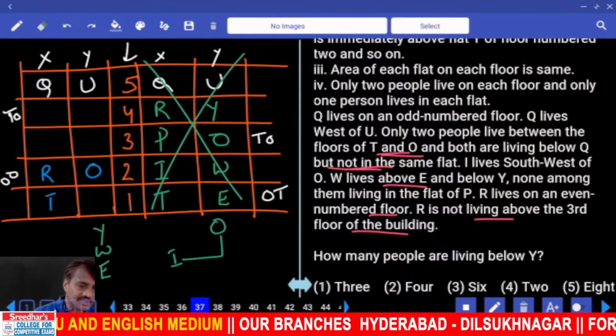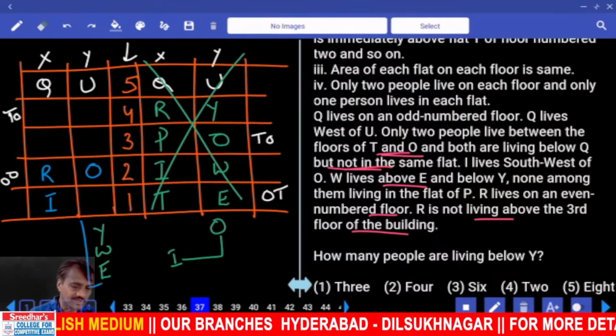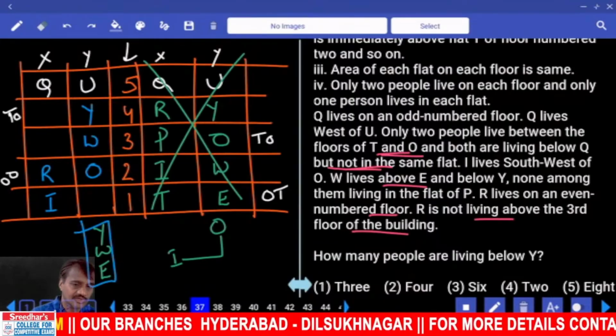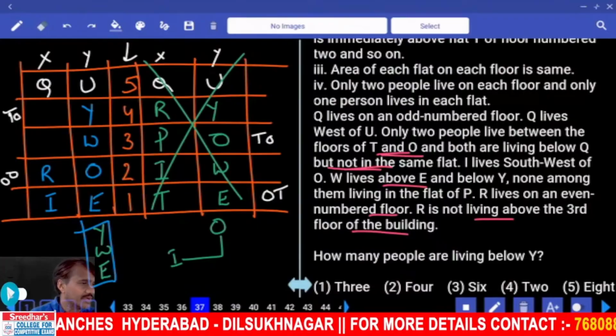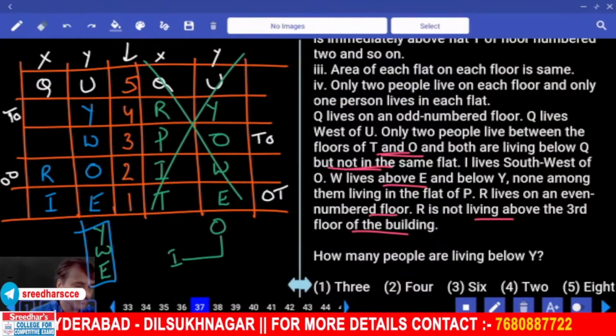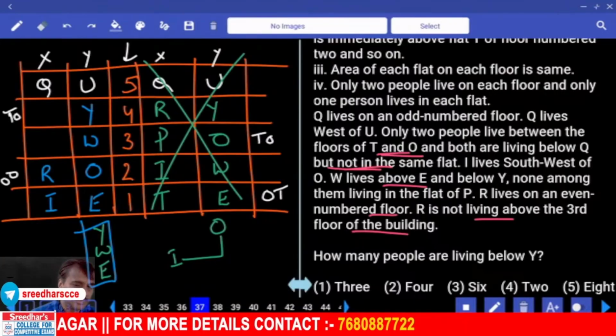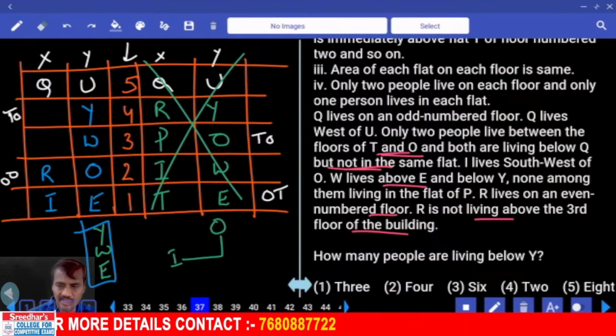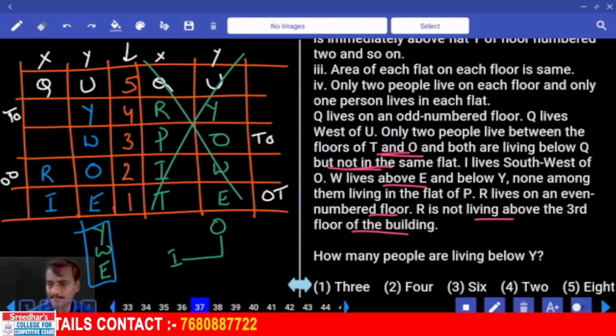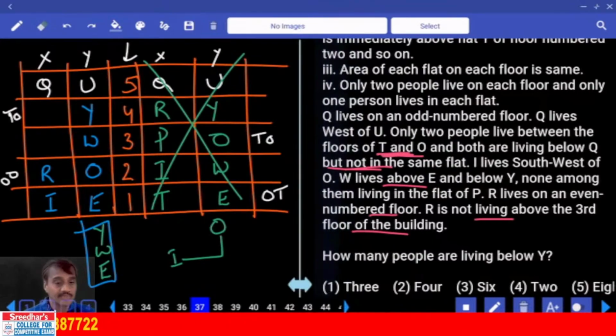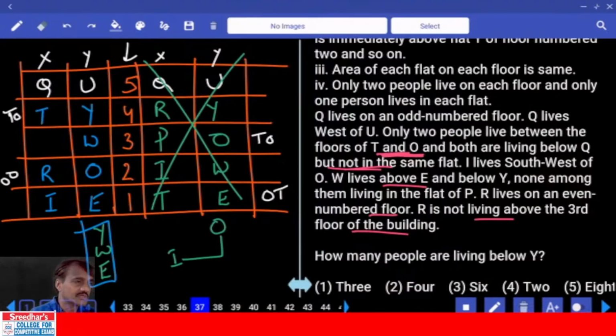O is here, I is here, YW is here, YW and E. Clear? Then what is left over here? And P. Then where this P be? And O and I. And P, R lives on an even number floor. Now P and T. Now T and O. T must be here. T is here.